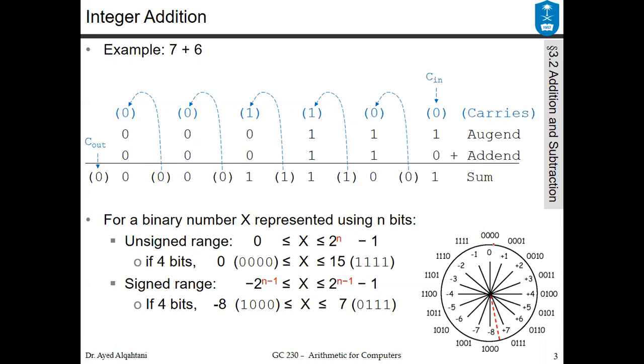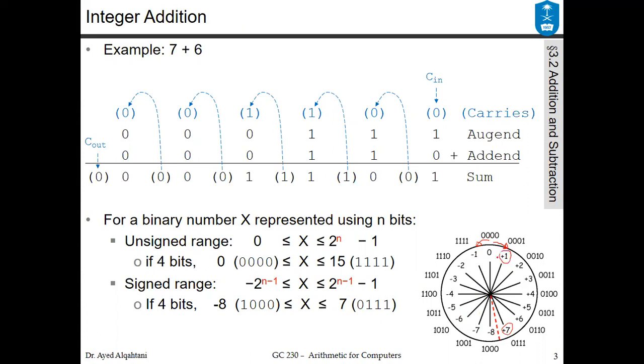Then moving in this direction, we will start having positive 1, positive 2, 3, 4, 5, 6, up to positive 7. So 7 would be 0, 1, 1, 1. Now for the negative side, starting from 0 going in the other direction, it will be minus 1, minus 2, minus 3, minus 4, minus 5, minus 6, minus 7, and minus 8.